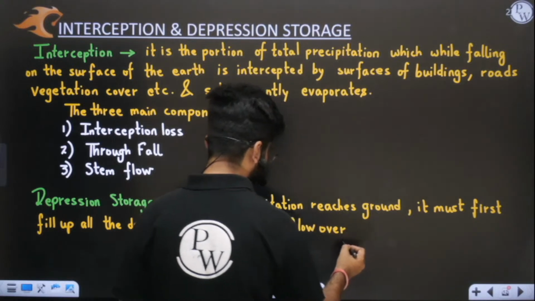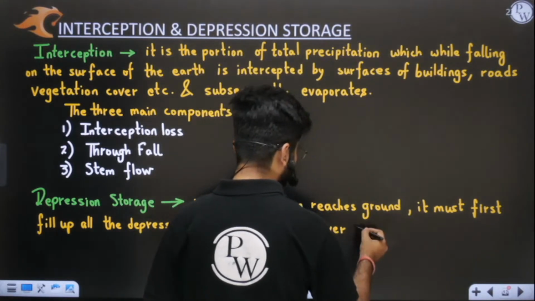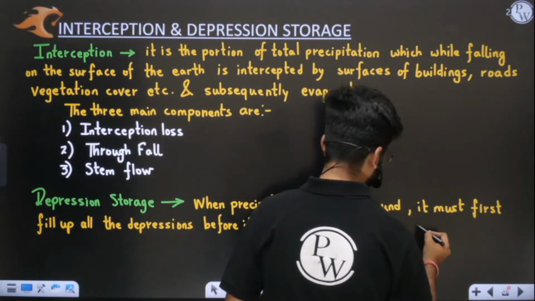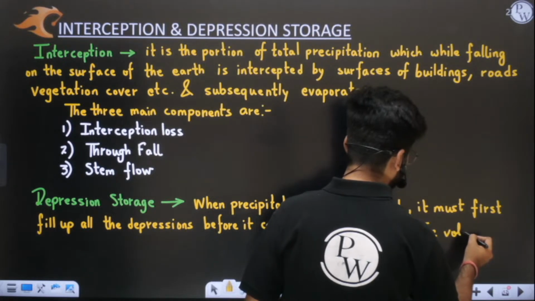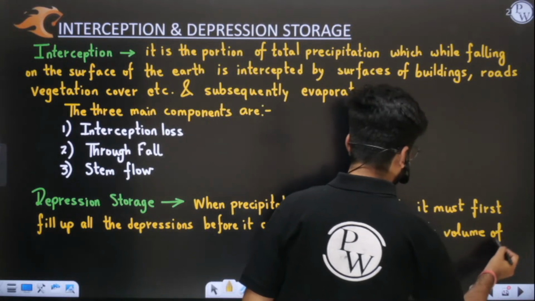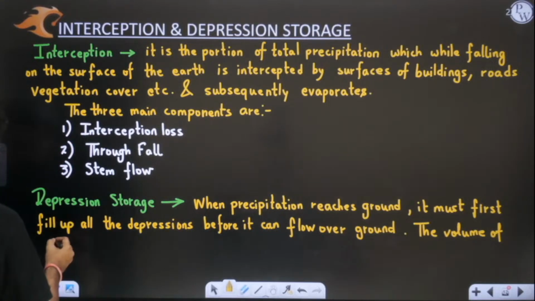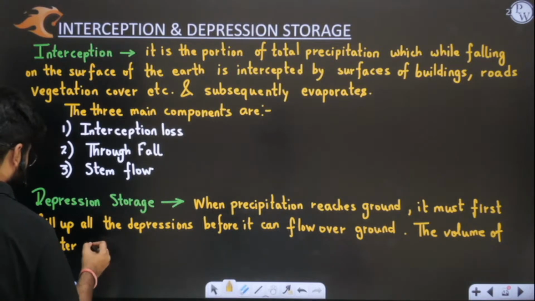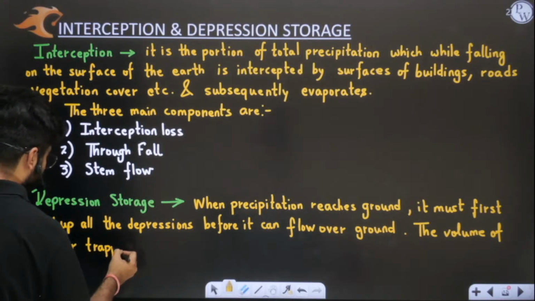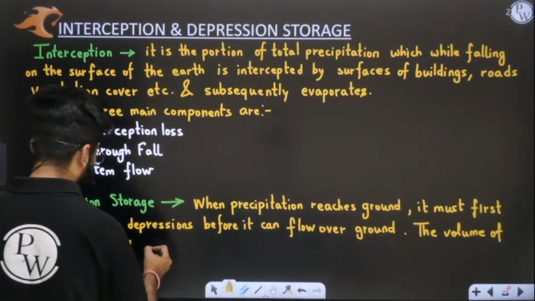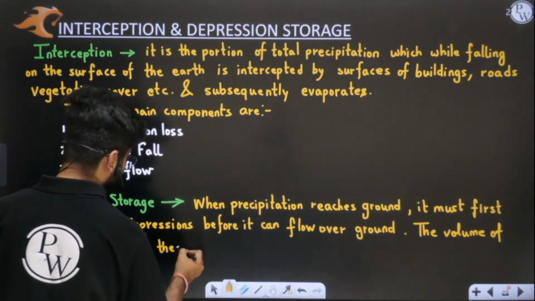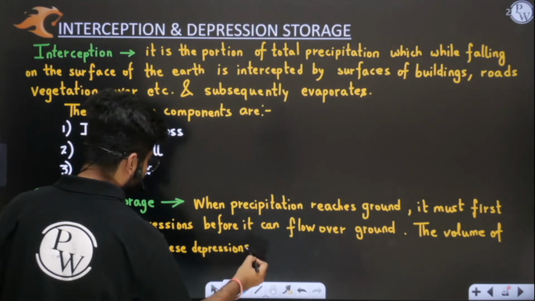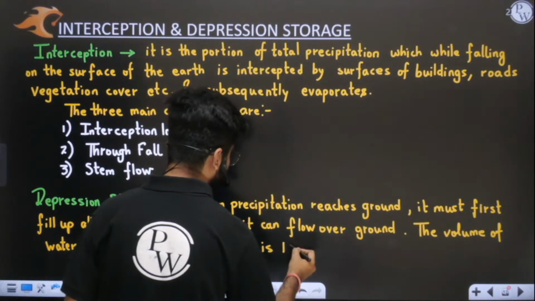Okay, I told you that water before flowing has to fill all the depressions. And the volume of water which is stored or trapped in these depressions is known as depression storage.